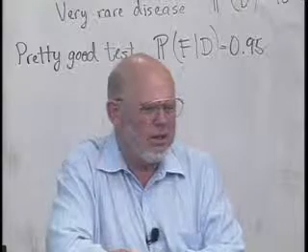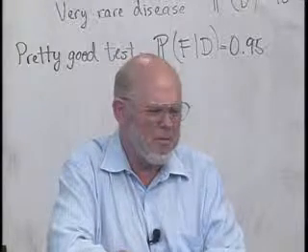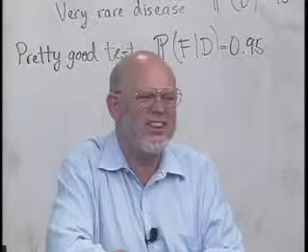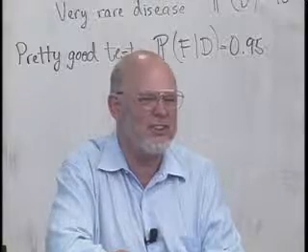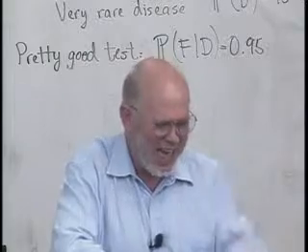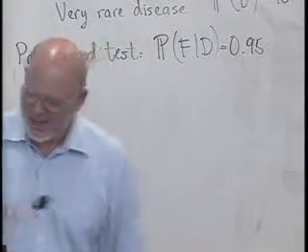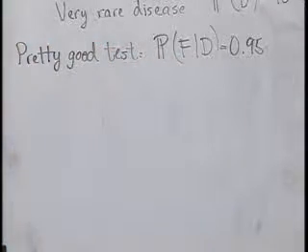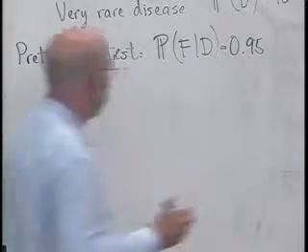And when people come up with tests like this, people are always asking, why isn't the government spending more money for such and such? Why aren't we screening all our kids for this? And so on. And here's why. This test gives an occasional false positive.